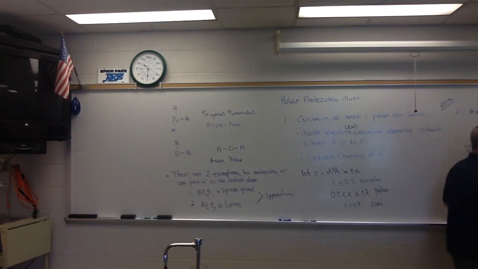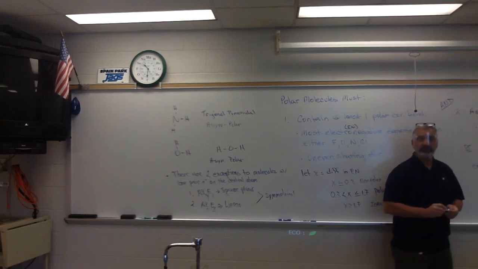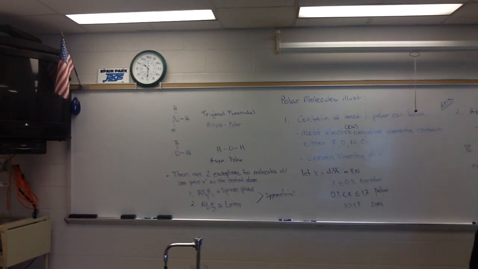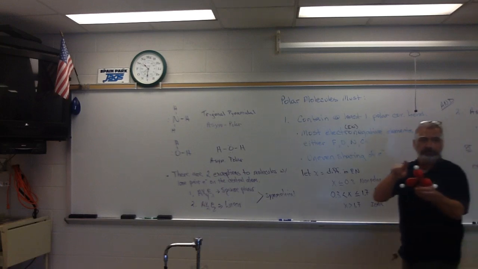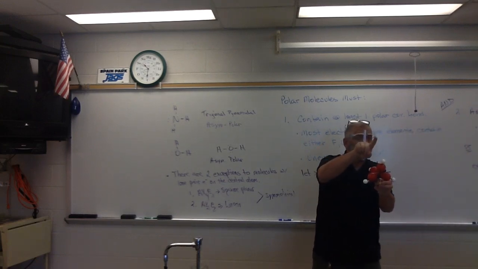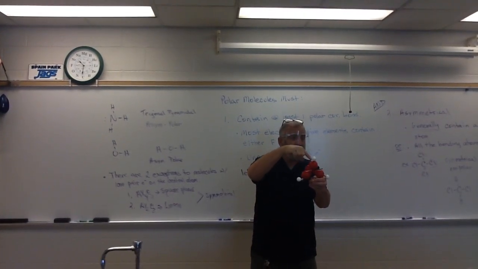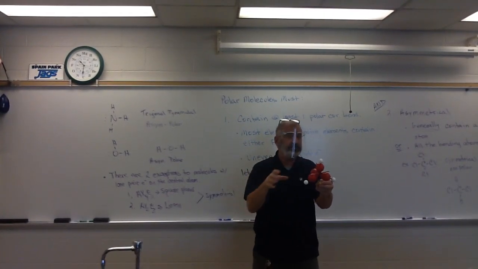So even if I go carbon, chlorine, chlorine, hydrogen, hydrogen, that looks symmetrical because we're drawing it in 2 dimensions. But if I look at this, and I have chlorine pulling this way, and another one pulling either this way or this way, it doesn't matter which one you put it on, there's not going to be a balance on the other side.